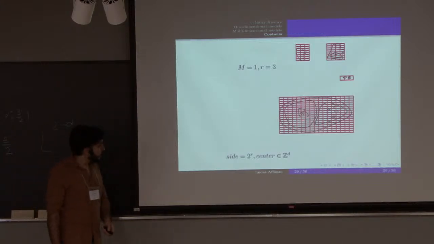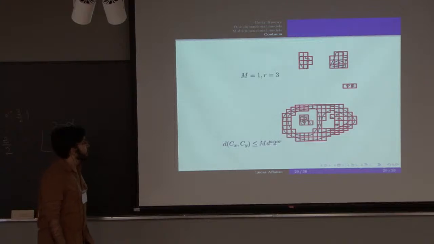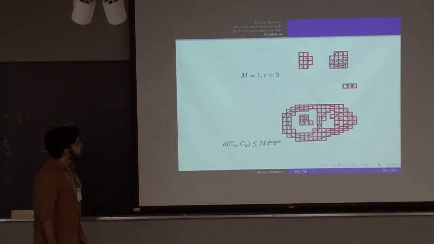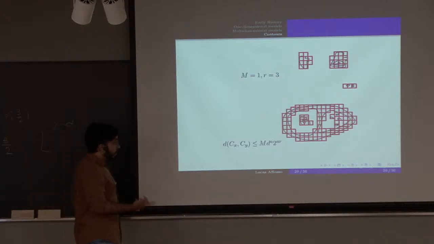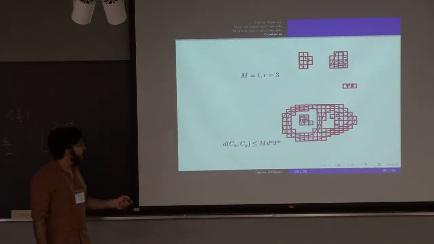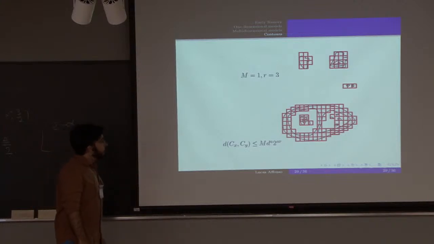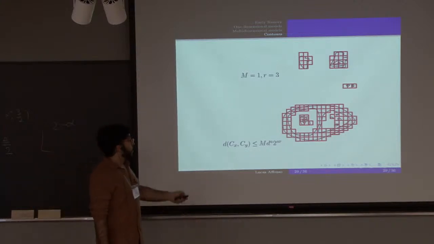So what you do is that you take some minimal covering, and after that you will produce graphs where the vertex set are the cubes of the minimal covering, and there will be an edge between two cubes if their distance is less than this, m times d to the A to the R.